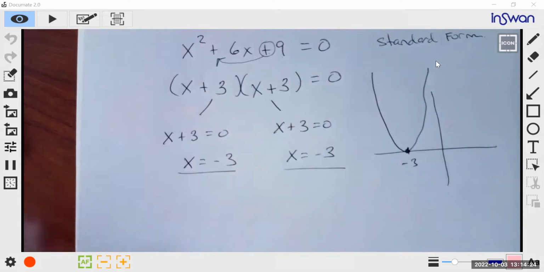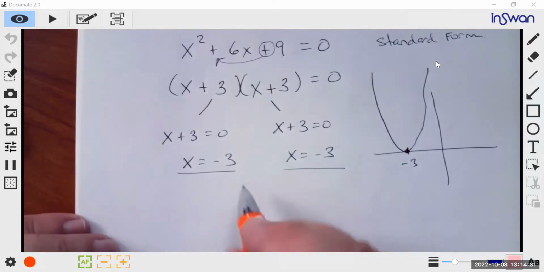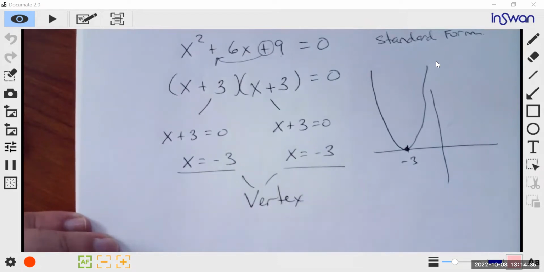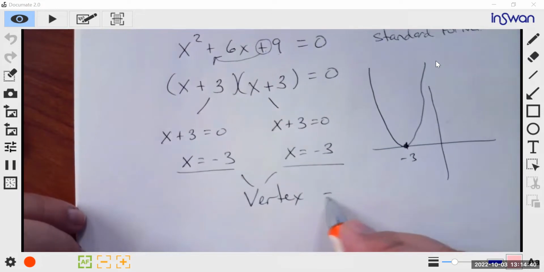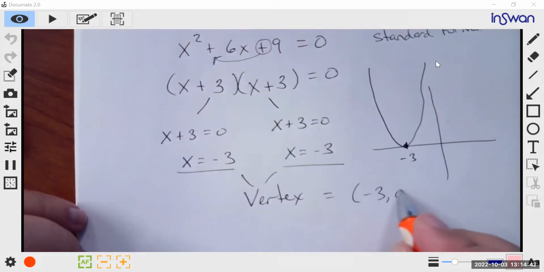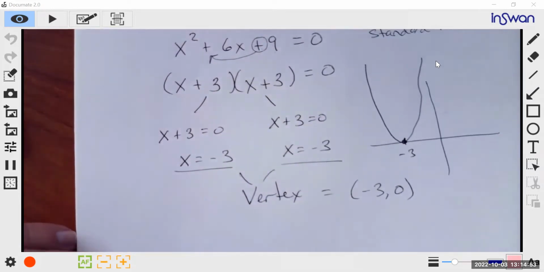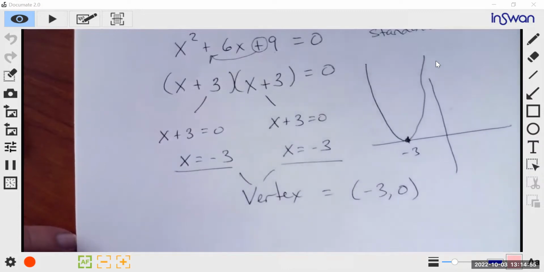Since both answers are right there, it's telling us that this is basically also our vertex. The vertex is at the point (-3, 0), because it only touches one time. Let's try another one like that.